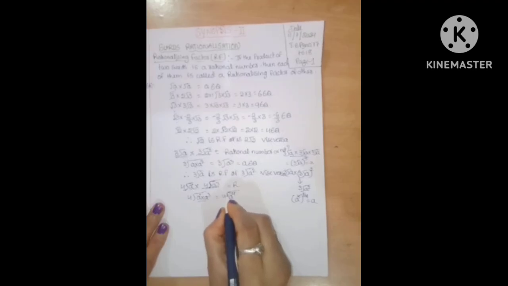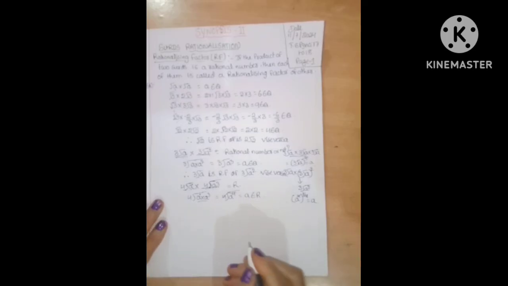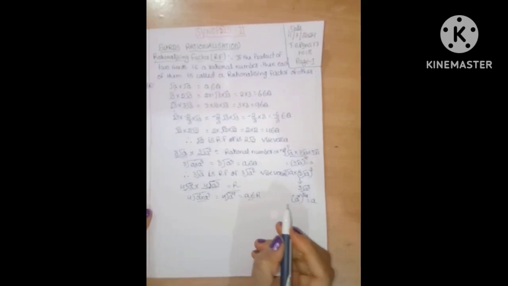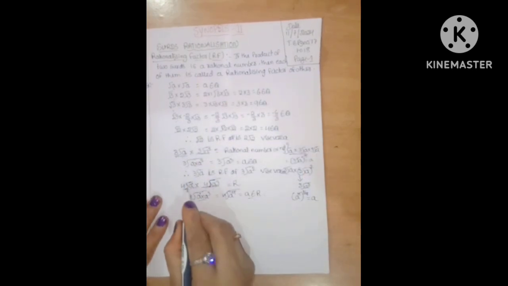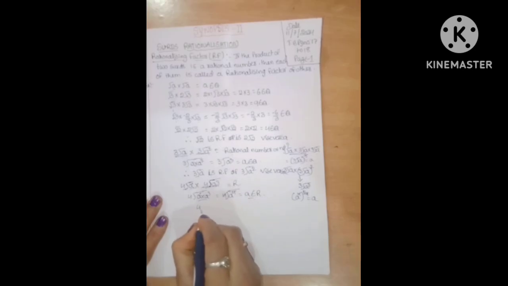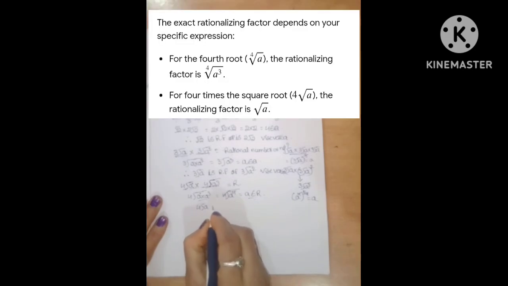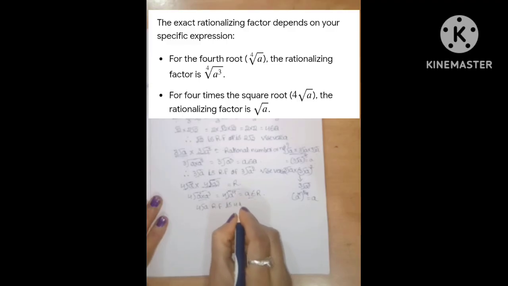So 4 and root 4 are cancelled, we will get a. Is it a rational number? Yes, it is a rational number only. So the rationalizing factor of the 4th root of a is the 4th root of a cubed.